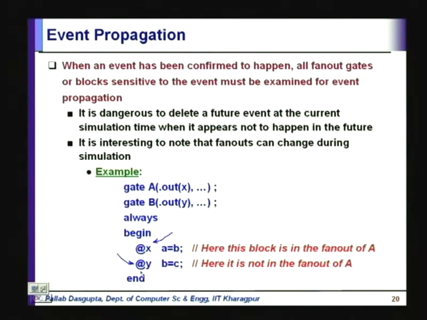If it is blocked on x, then it is in the fan out of gate A. If it is blocked on y, then it is in the fan out of gate B. Right. So, you can imagine that the simulator has to do a lot of housekeeping all the time to maintain these kinds of information. Otherwise, you will end up simulating the block many number of times. All right, that is not incorrect, but that is inefficient.